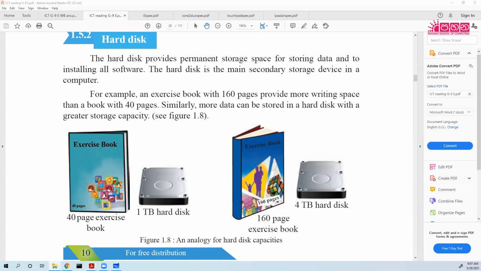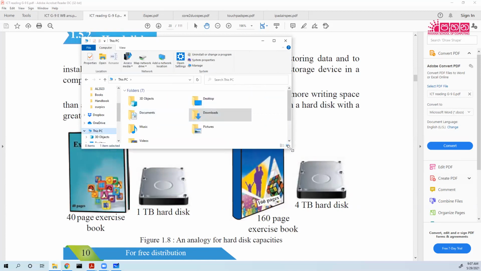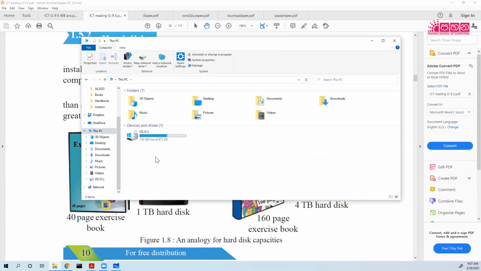For the hard disk, usually you go to This Computer, and you will see the hard disk and its capacity. In my machine, the size of the hard disk is approximately 475 gigabytes.